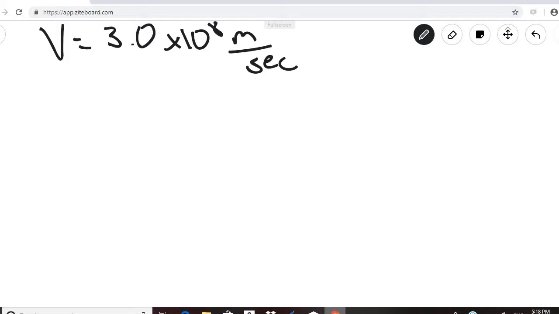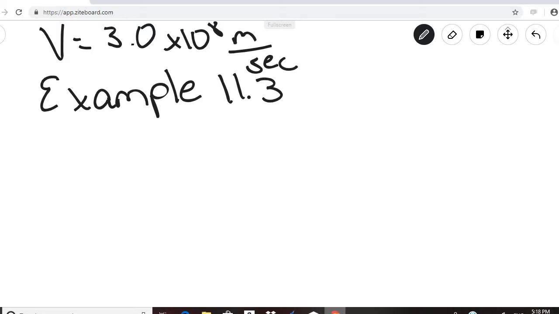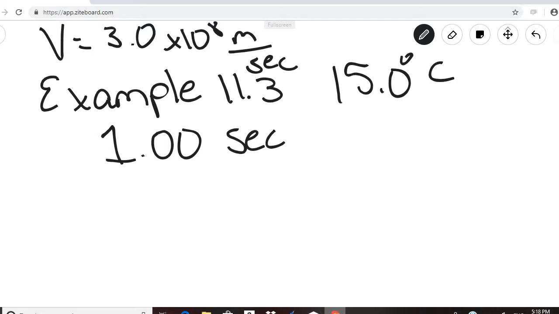So in example 11.3 in your book, we are given that a physicist sees a flash of lightning and then hears a thunderclap 1 second later, and the temperature is 15 degrees C. Okay, so there's 1.00 seconds between seeing the lightning and hearing the thunder. We want to know how far away the lightning was.